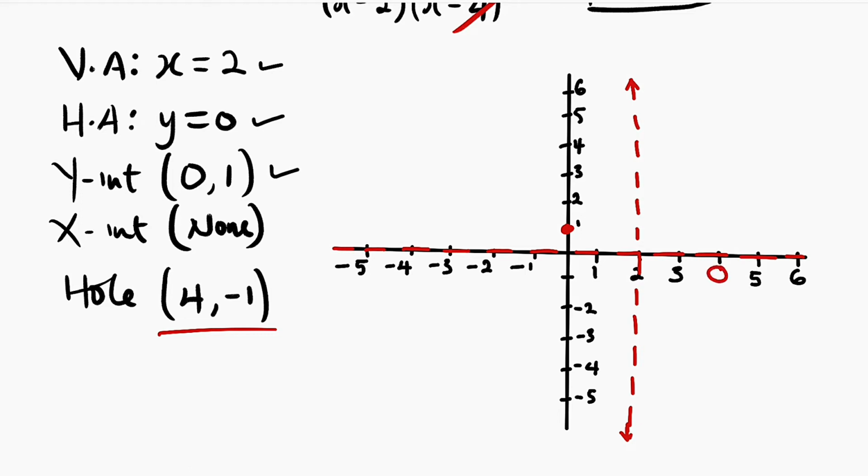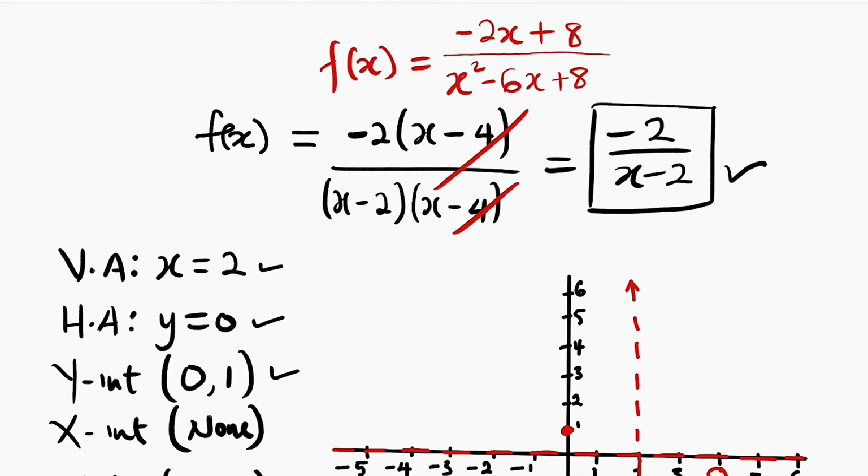Now we can place some other points. When x is 3, let me see what is the value of y. When x is 3, we can substitute it directly here. Negative 2 divided by 3 minus 2 is 1. Therefore, y will be equal to negative 2.